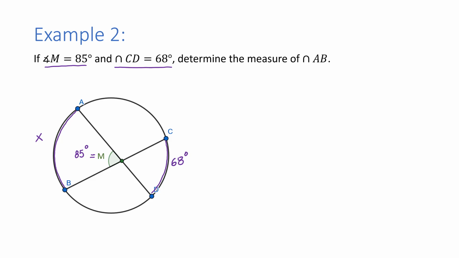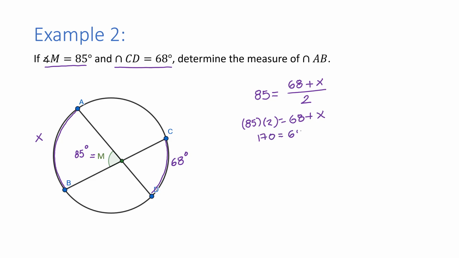Let's apply the theorem. The theorem says the measure of the interior angle, in this case we already know the measurement, which is 85, equals the average of the intercepted arcs. The intercepted arcs are 68 and X, so 68 plus X over 2. Now we can clear X to find the value of the missing arc. We pass it to multiplying: 85 times 2 equals 68 plus X. 85 times 2 is 170.